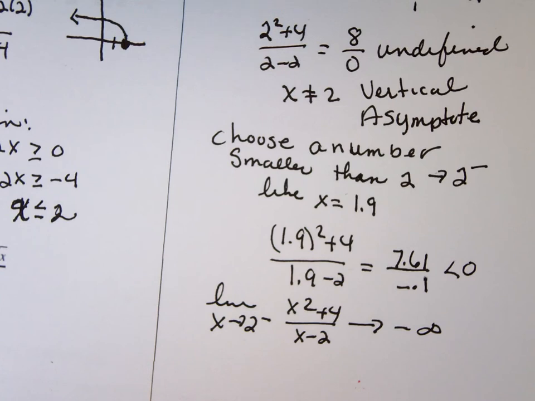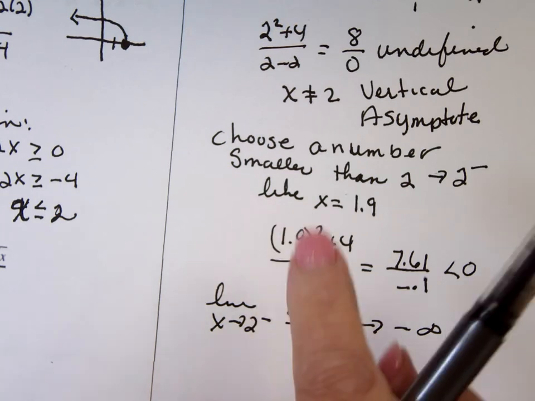Once I establish this plus or minus infinity, I just need to know, is it plus infinity or minus infinity? If it's negative, it's minus infinity. If it's positive, it is plus infinity.